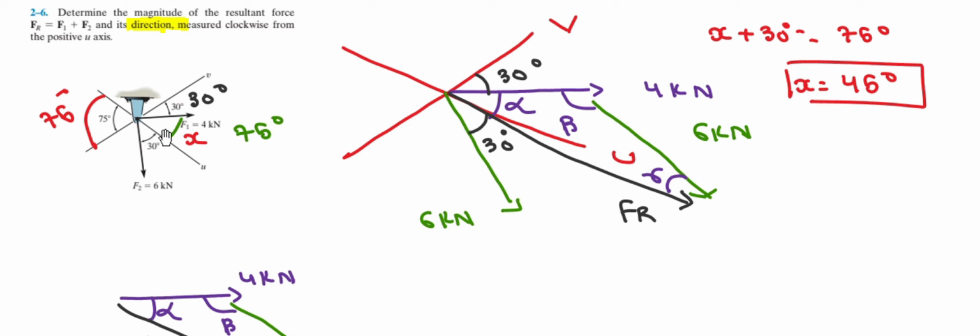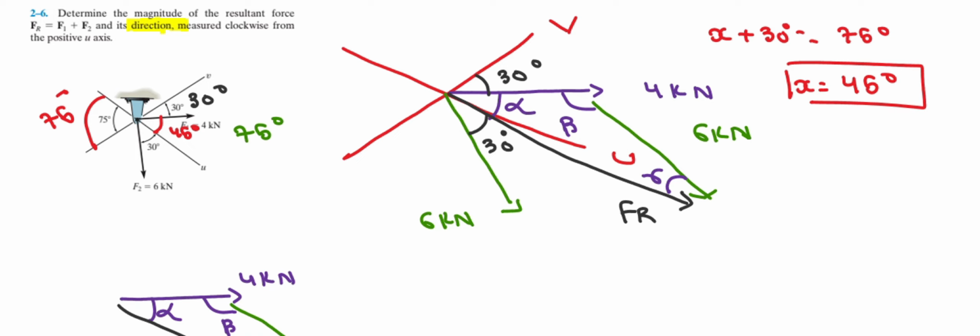Now the angle between the F1 vector and u is nothing but 45 degrees. So this one is 45 degrees. If you add 30 degrees plus 45 degrees, you get the same result on the opposite side.